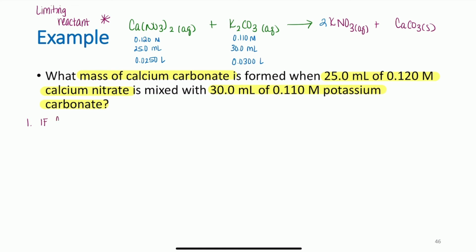So let's say calcium nitrate is our limiting reactant, then how many grams of calcium carbonate could form?